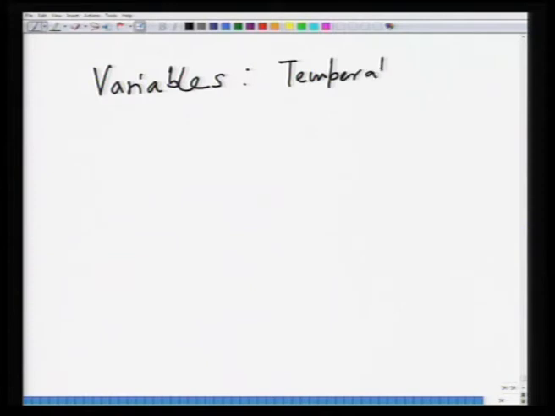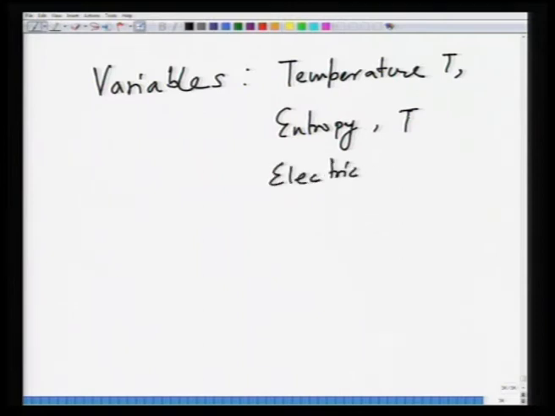These variables can be temperature, entropy, electric field in the case of ferroelectrics, stress, sigma, and many other parameters.